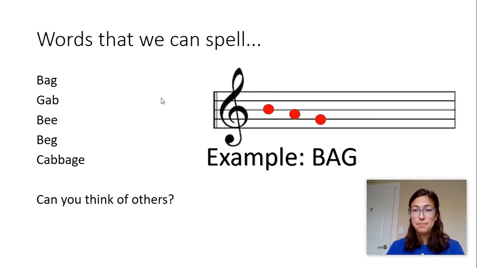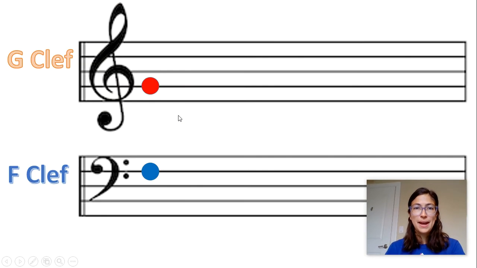So my example is bag, B, A, G. And you can simply write those little circles on the line, the note heads, to show me the melody B, A, G. I'm going to go back to the first slide, and you can pause it here and use this as an example.